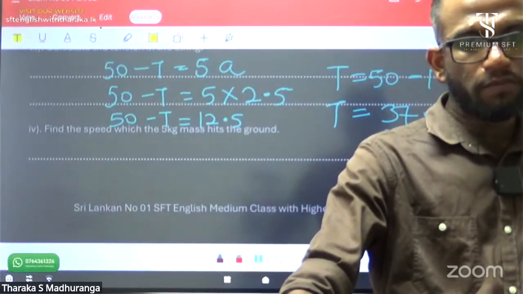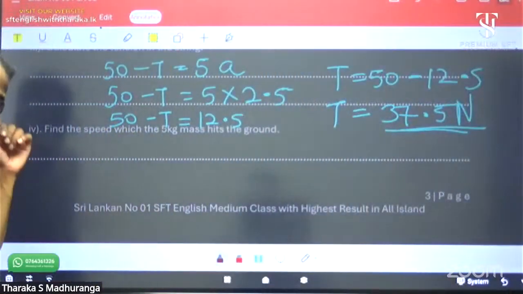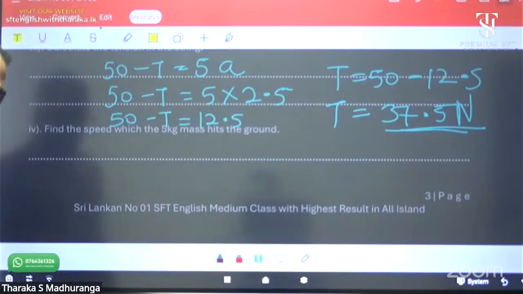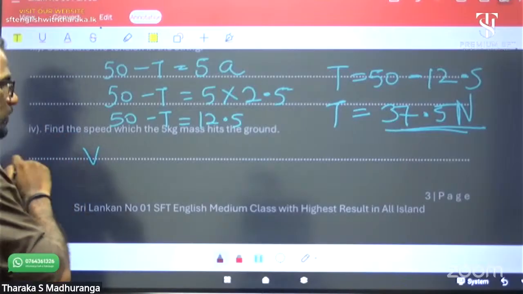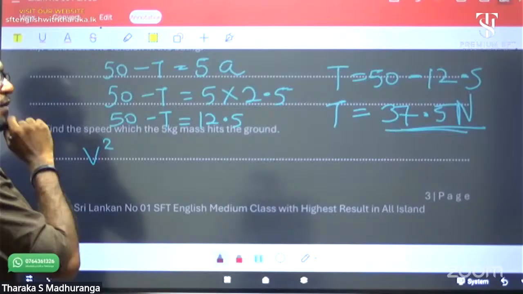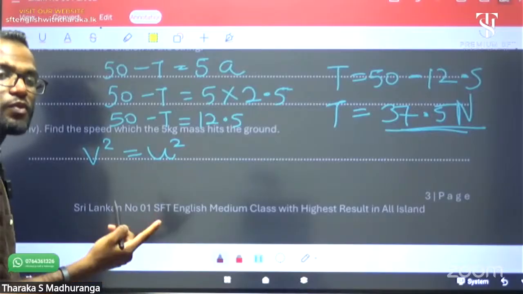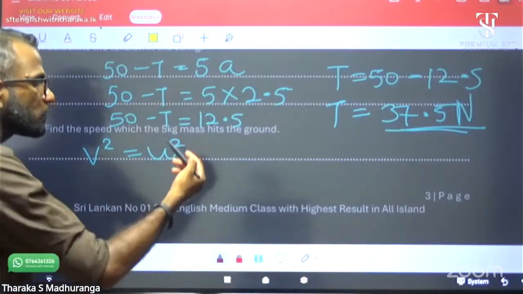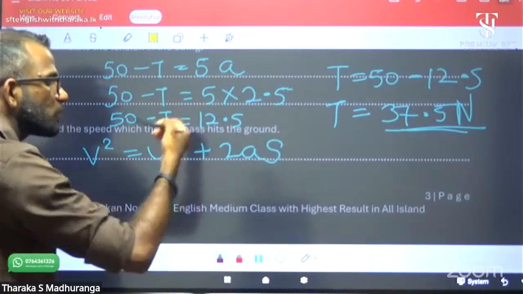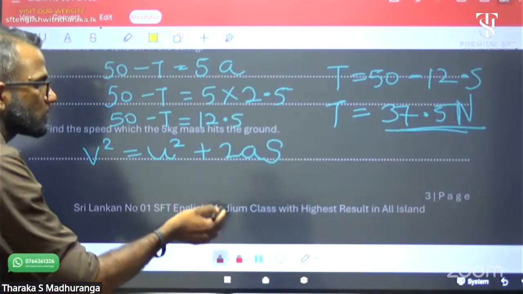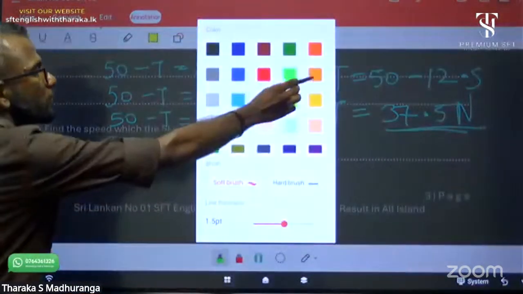Among them, the final velocity equation: V squared equals U squared plus 2as, where s means displacement. We need one that doesn't have time, because we don't know the time. This equation doesn't have time.